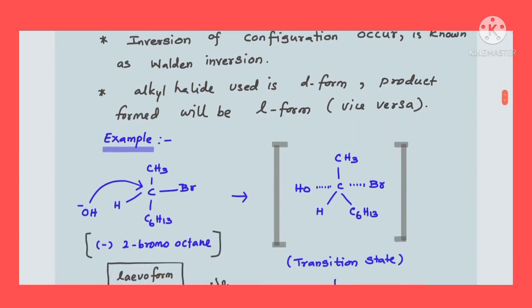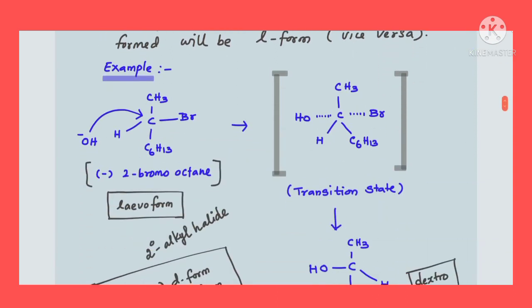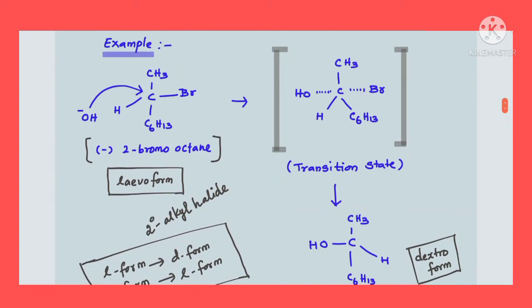Okay, so let us see one example for that. This is an alkyl halide, a secondary alkyl halide, which is 2-bromooctane. Now here the OH minus ion is attacking the carbon atom bearing the bromine atom, from the backside of bromine, as we discussed earlier, because of electron repulsion between the two nucleophiles, OH minus and Br minus.